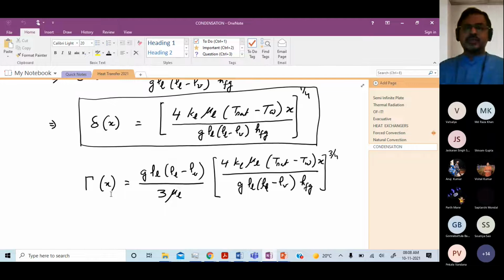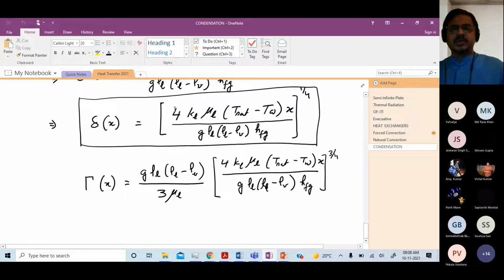And this is what we saw. If you know the liquid and vapor properties, especially thermal conductivity, viscosity, and density, and you know the latent heat of vaporization or condensation, which is h_fg, and we know the temperature, we can find out the thickness of the liquid film as a function of the distance from the top.